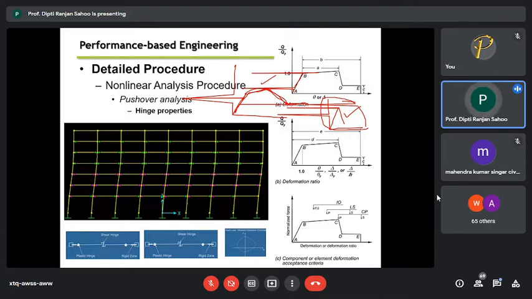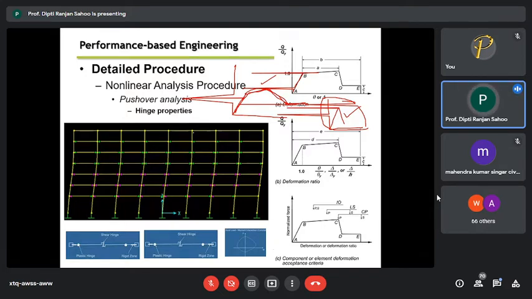What I'm saying is that each member needs to be defined with flexural plastic hinges, shear hinges, and the interaction between the axial load and the moment. So now the question is, what is that hinge?